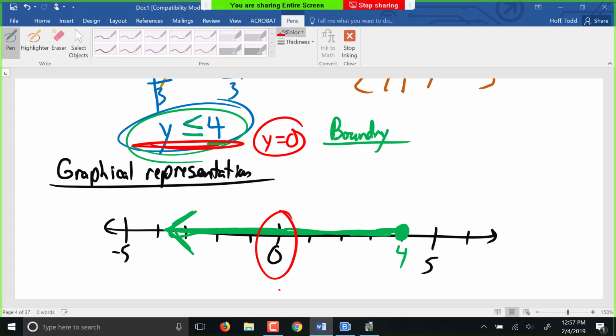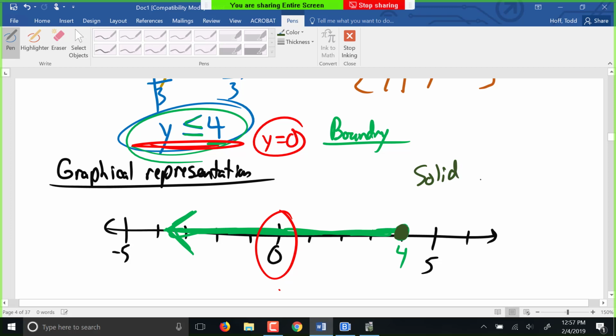Now, one thing that's very important is what I did right here. Above the 4, I made a solid dot. That solid dot is including the 4.